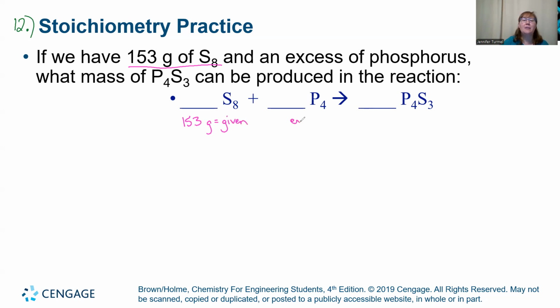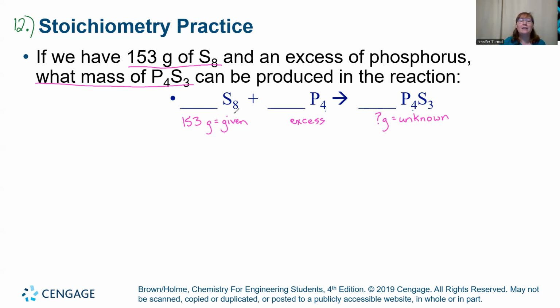We have excess P4, so we can ignore it. And it says what mass of P4S3? So we're going to put that right here, and we'll know that that is our unknown. Now I'm going to start by balancing my equation. I noticed that I have P4 and P4, so I'm not going to do that first.